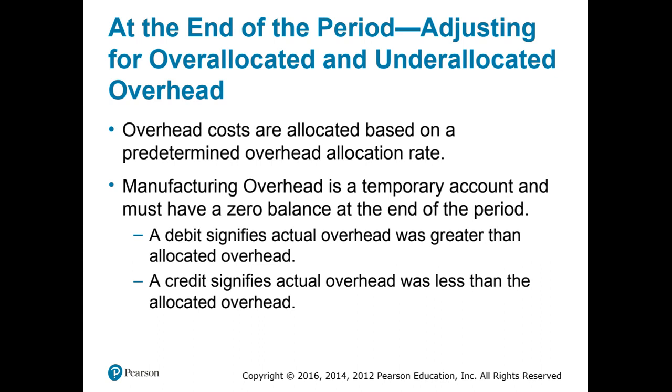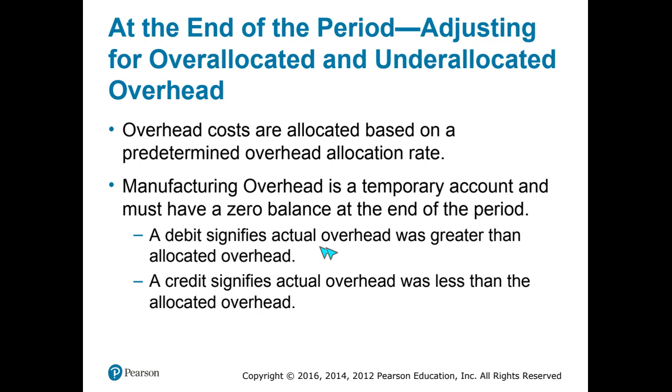At the end of the period, we're adjusting for over-allocated and under-allocated overhead. Our overhead costs are allocated based on a predetermined overhead allocation rate. Our manufacturing overhead is a temporary account and must have a zero balance at the end of the period.